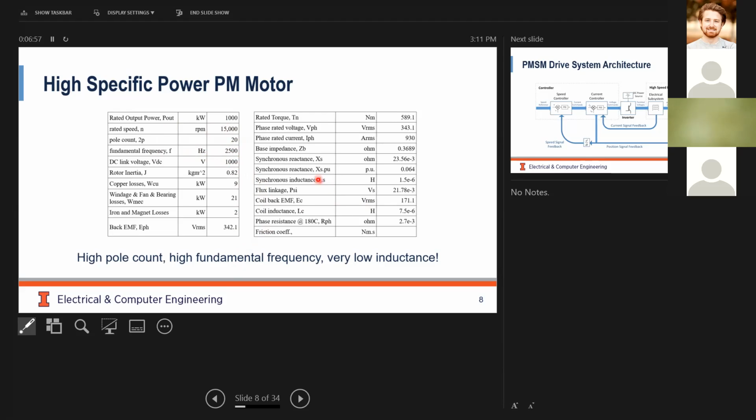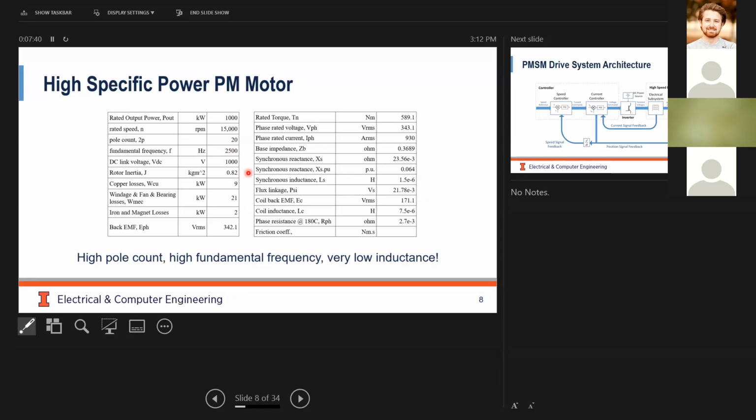Another key parameter is the synchronous reactance here. It's 0.06 per unit. So it has a very low reactance or synchronous inductance. So what does that mean? For power electronics drives, we have a limit on the switching frequency, right? If we are going to drive the motor with a power electronics converter, the ratio between the switching frequency and the fundamental frequency might not be high.